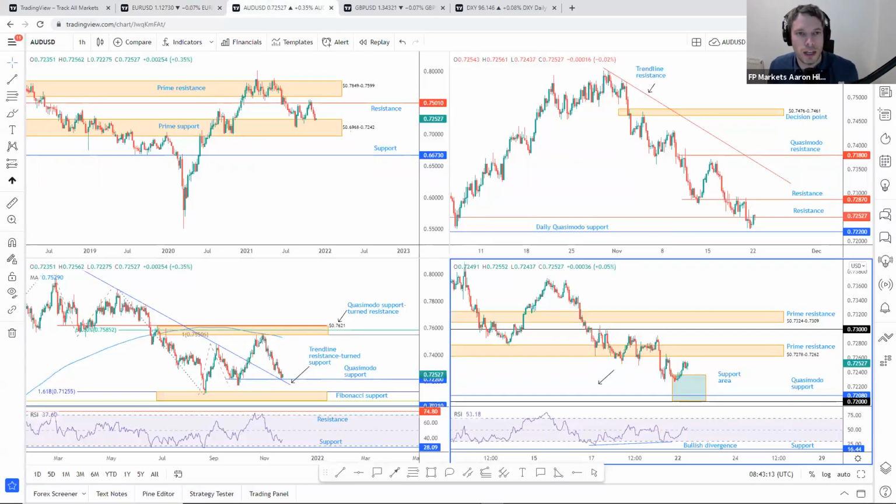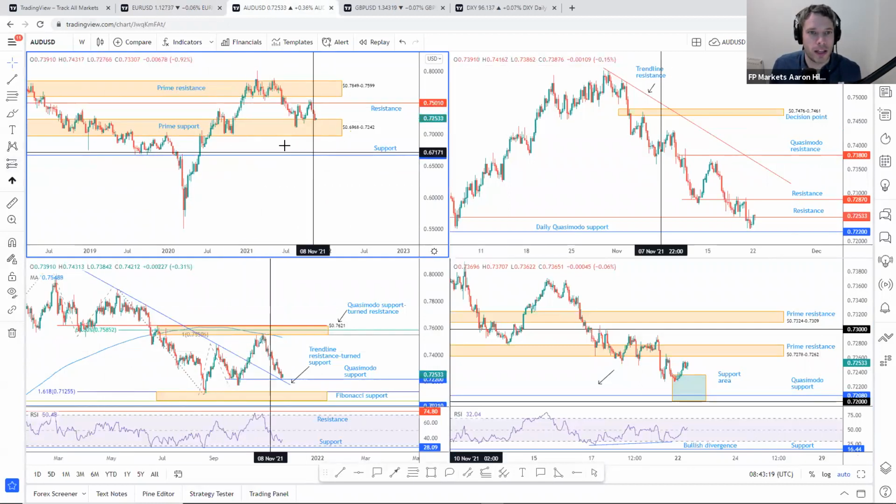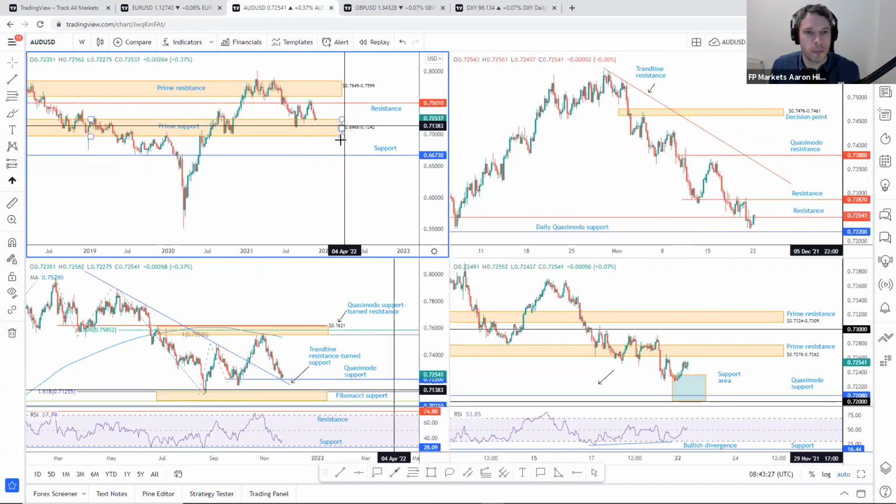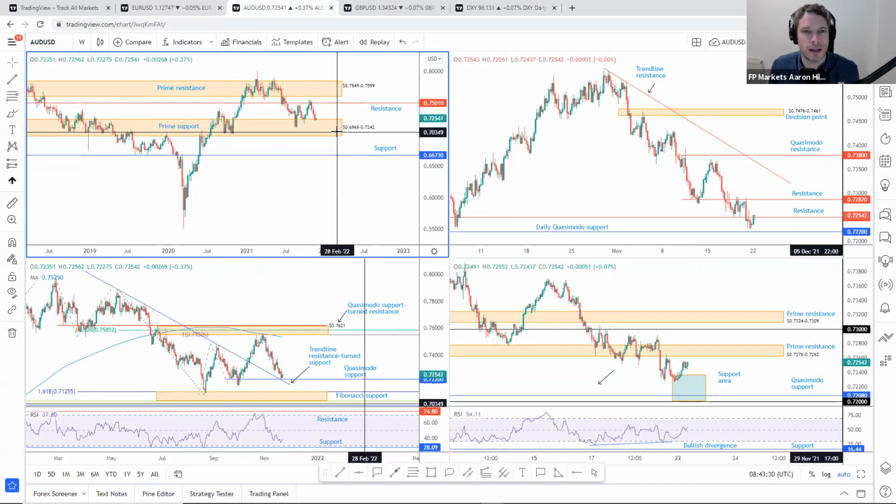Okay, over to the Aussie US dollar. 3 back-to-back weekly bearish candles, as you can see from the weekly chart, formed from resistance at 75.01. This has landed price on the doorstep of prime support at 69.68, 72.42.